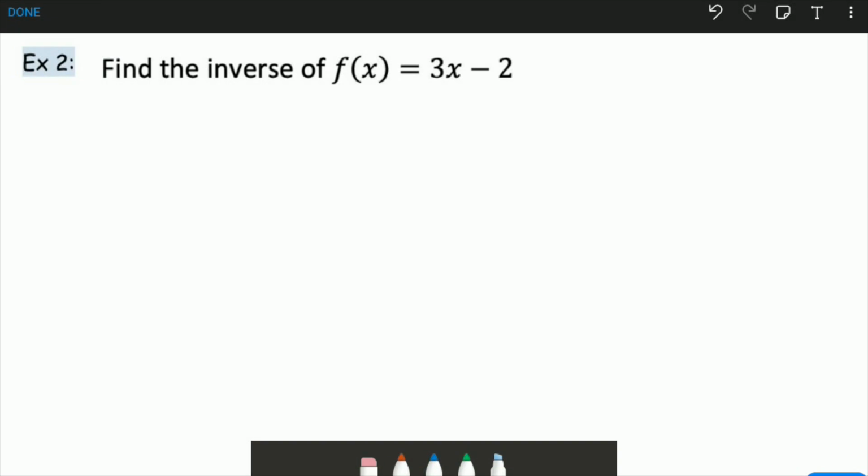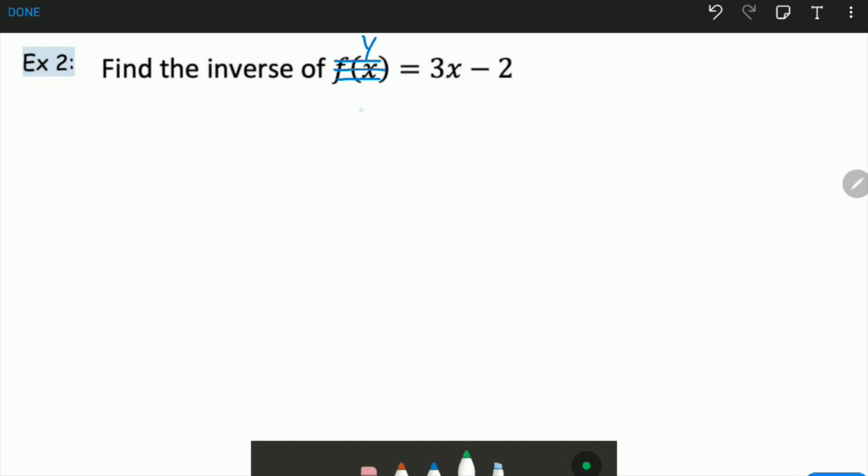So in this example, we're going to find the inverse of f of x equals 3x minus 2. Now, the way I usually start this off is I remind people that f of x is really just y. And to find the inverse, just like with the ordered pairs, we start by switching x and y's location. So it really starts off as y equals 3x minus 2.